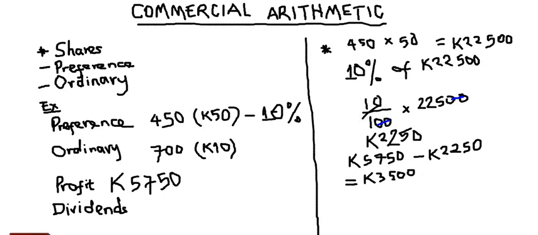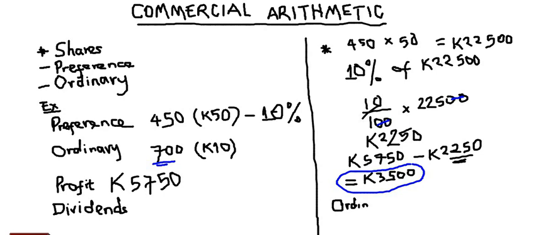So it means in the profit of 5,750, the 2,250 is reserved for the preference shares, which means only 3,500 is available to be shared among the 700 ordinary shareholders.